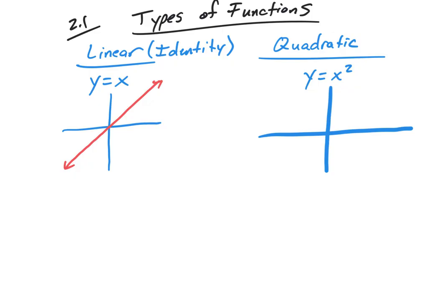Parabola. Later in the chapter, we'll talk about putting some numbers in here and how that changes my function. Does it shift it left, right, up, down, flip it upside down, all of those kinds of things. But the basic function, the parent function that we always compare to, is y equals x squared, which is the quadratic function.